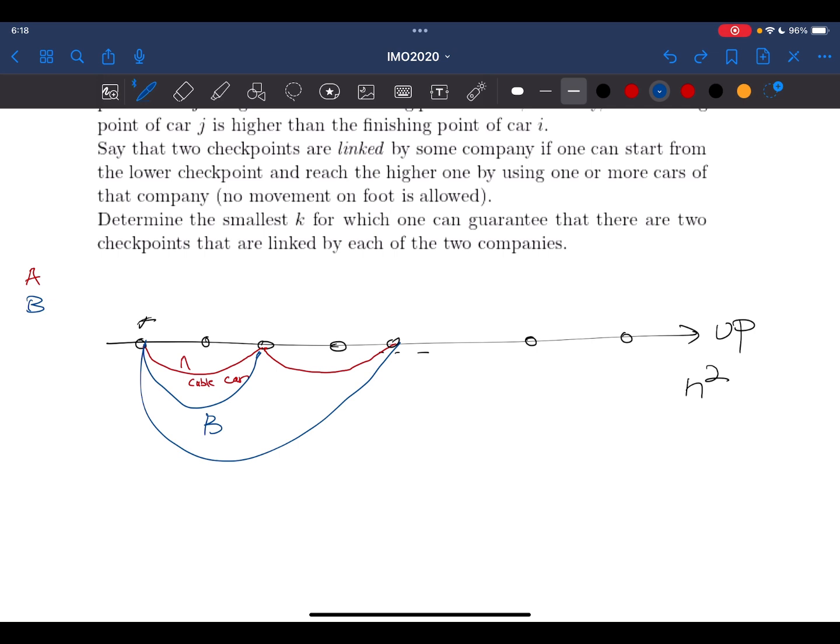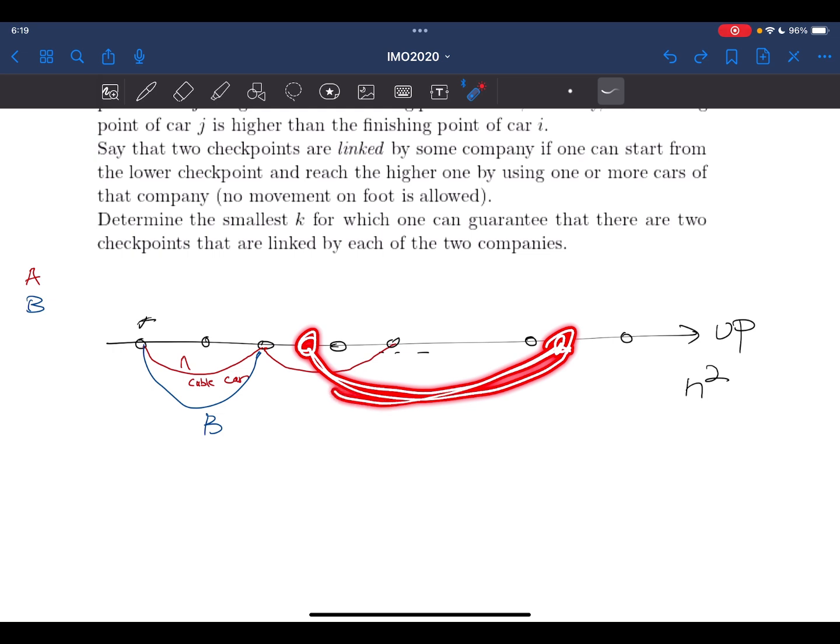Okay, interesting. Now the question is asking us, what's the minimum number of cable cars to be used so that there exist two checkpoints somewhere here, such that these checkpoints are linked using both A cars and B cars.